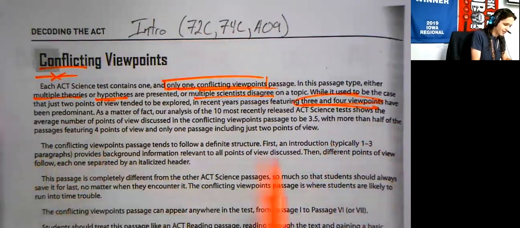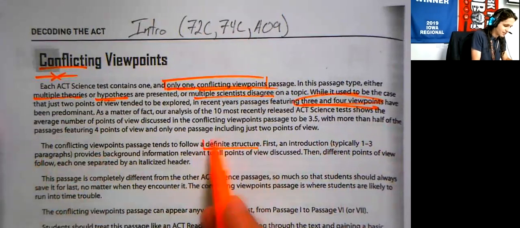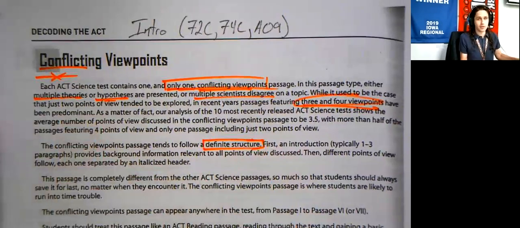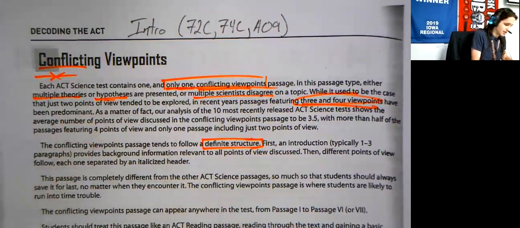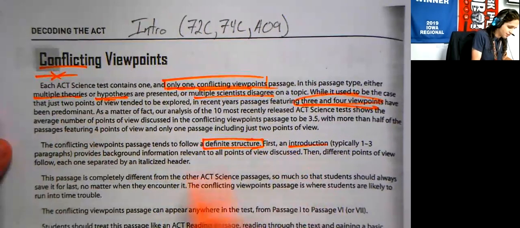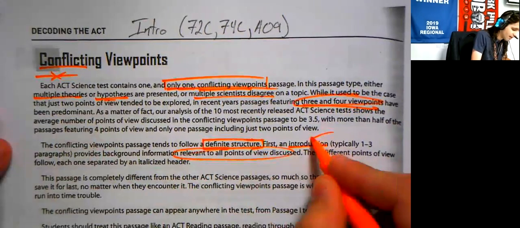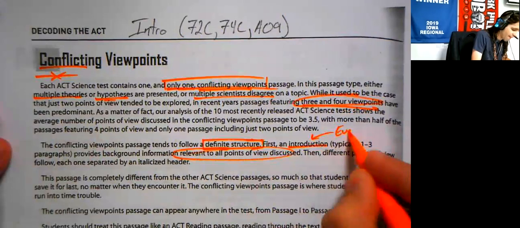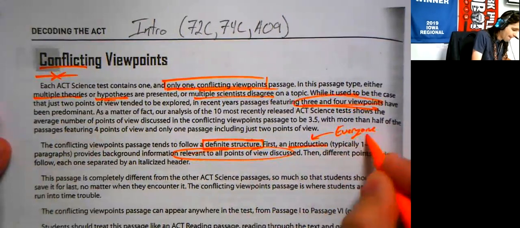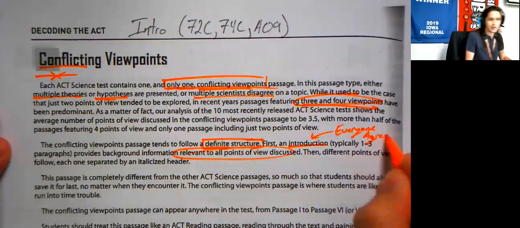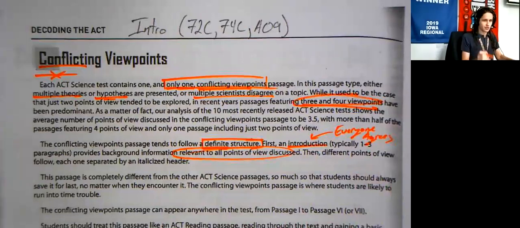Conflicting viewpoints tend to follow a very definite structure. They do kind of the same thing every time. There's an intro that's relevant to all points of view. The intro is the stuff that everyone agrees on. Introduction, everyone agrees, great.